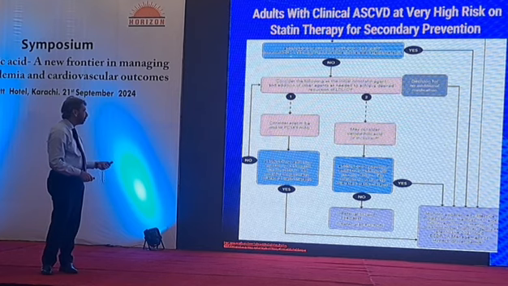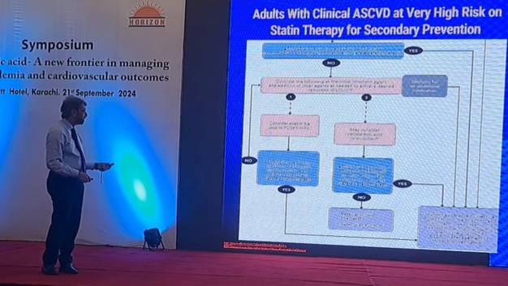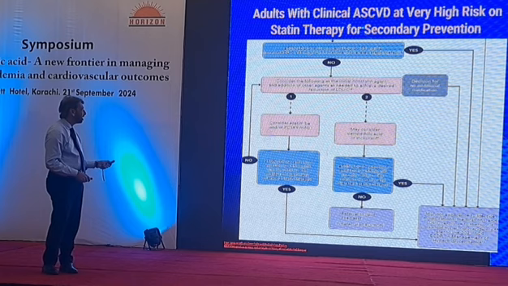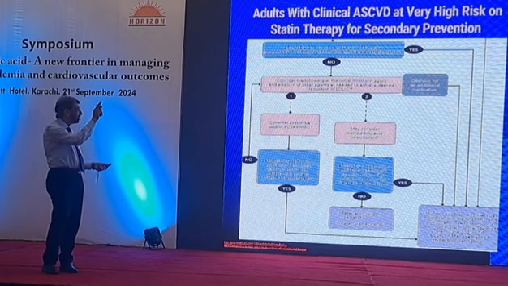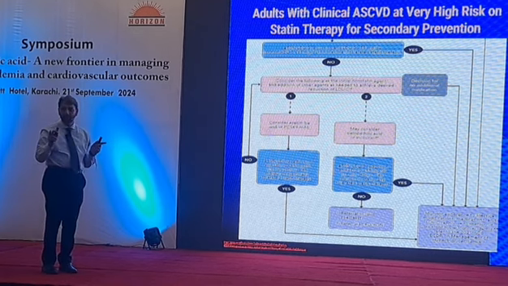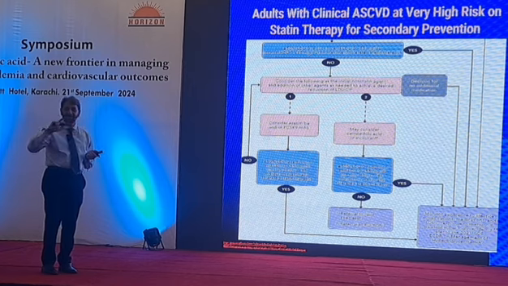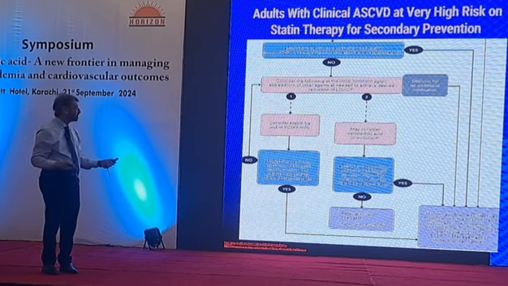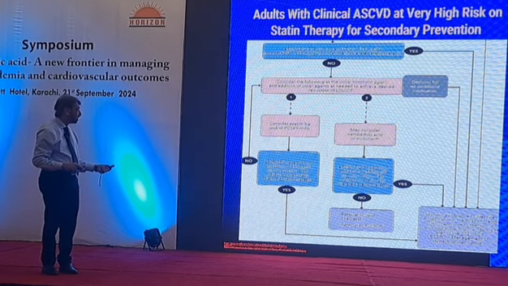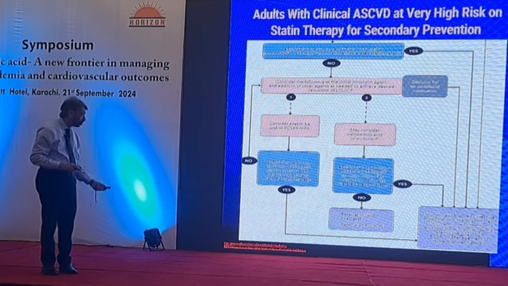If you're achieving a target like less than 55, although this algorithm was the American consensus document, the Europeans are now saying a target even less than 40 in some patients. So if you're achieving the target well enough, just observe them.